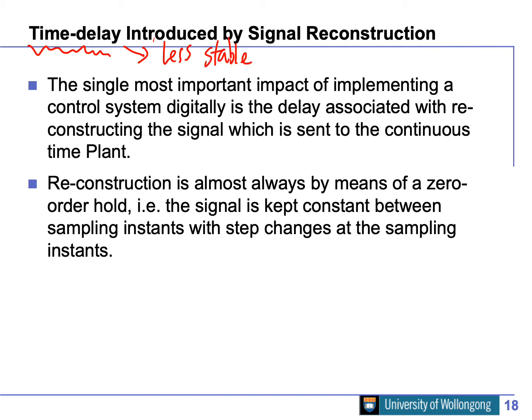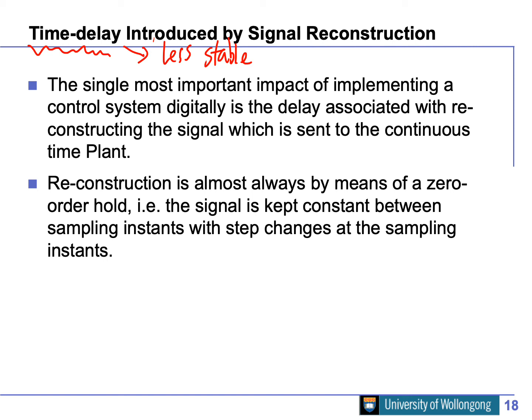So when we design the system, we have to design with a little more stability in mind. Normally we give the system a little more phase margin, and because of this filter we'll reduce that margin later on, and then we can get what we want.